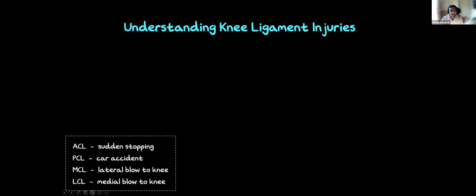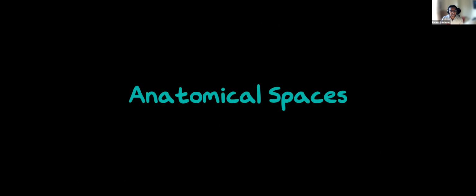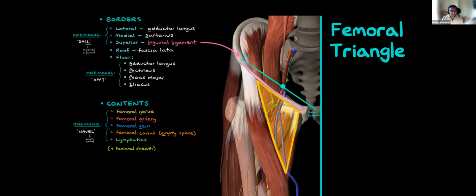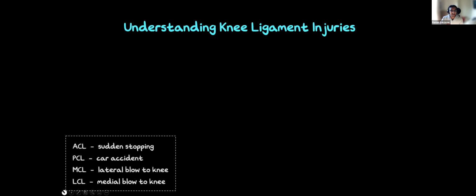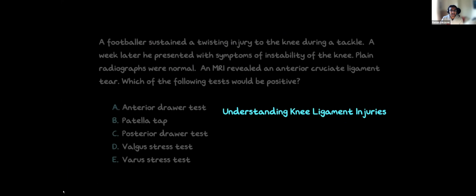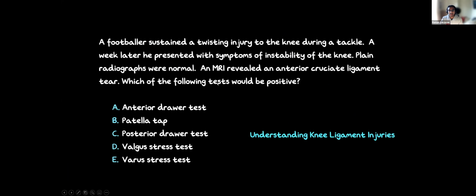So that's that. There's one last thing, but I will just go back to that question for us. For this question here, an anterior cruciate ligament tear will be the anterior drawer test. Now I will note, small point here, that the Lachman test is better.